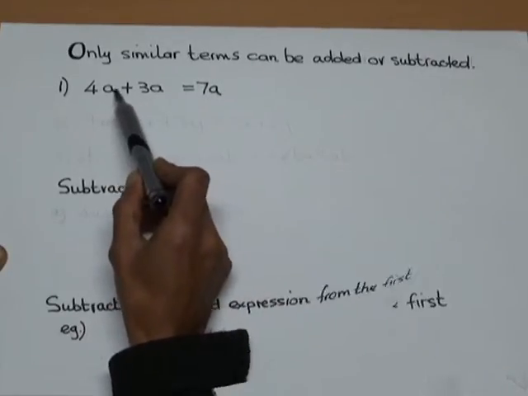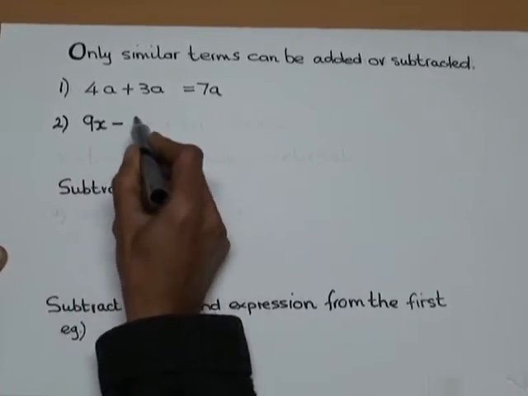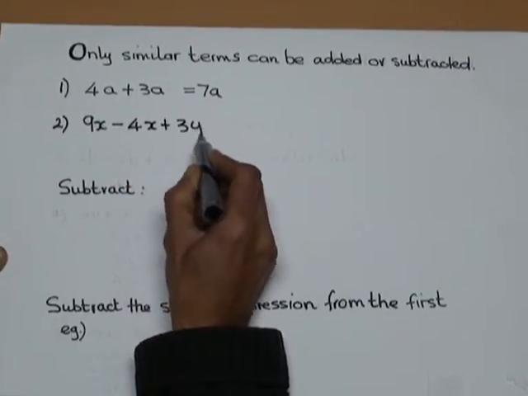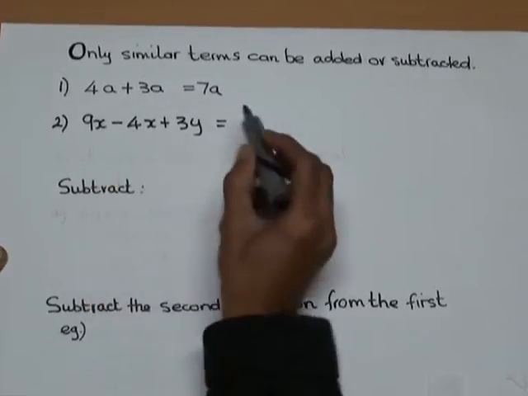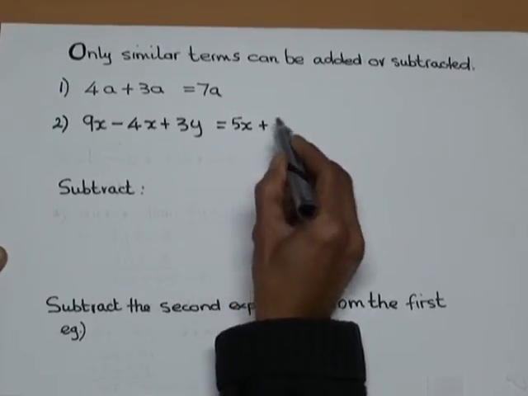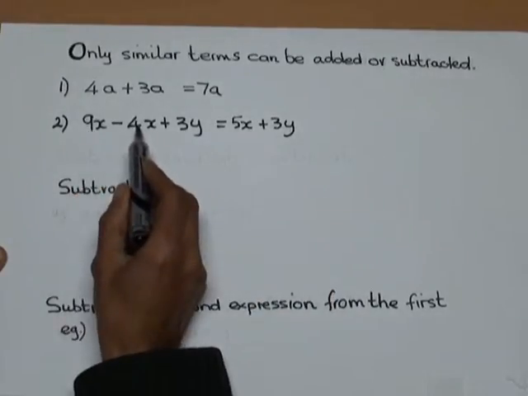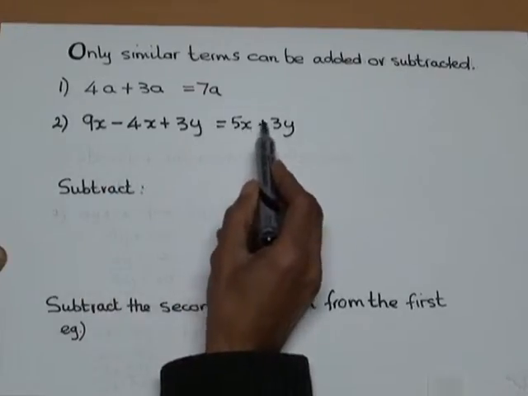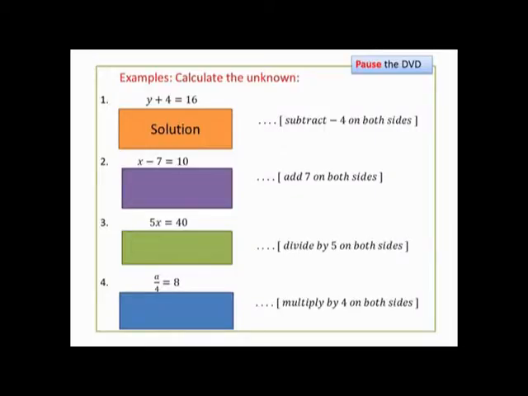The variables are the same. 9x minus 4x plus 3y is equal to 9x minus 4x, that is 5x plus 3y. So it's 9 of a sort. 9 minus 4 is 5 x's plus the 3y. We can't add the y and the x.